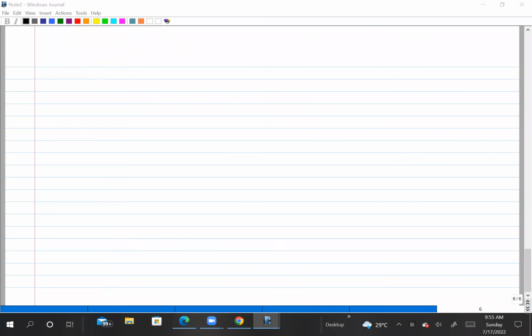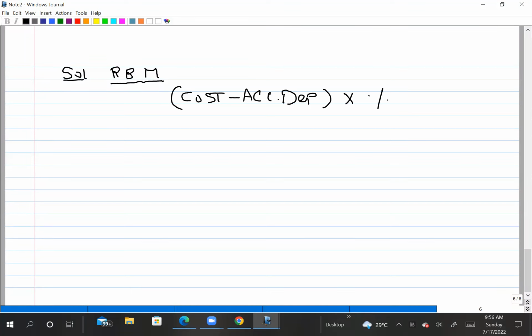Now, if I solve the similar data with the reducing balance method for depreciation, we know that in the reducing balance method, the depreciation is equal to cost minus accumulated depreciation multiplied by percentage.